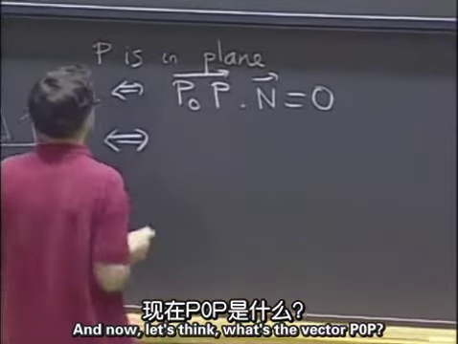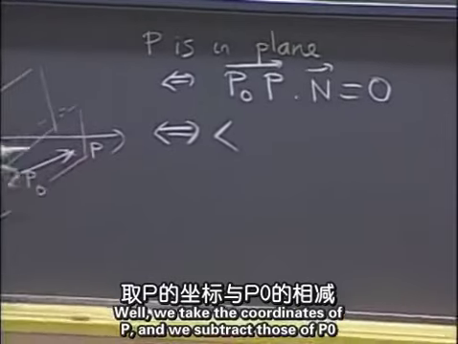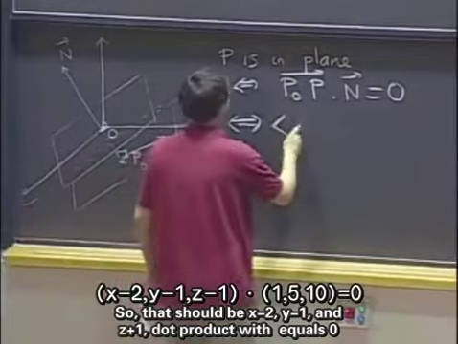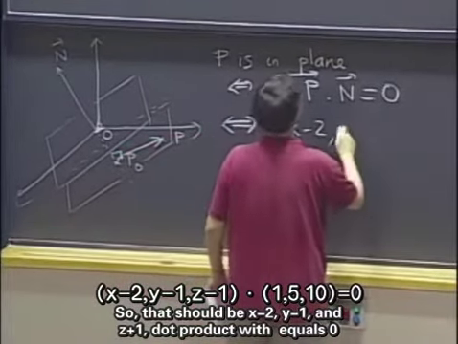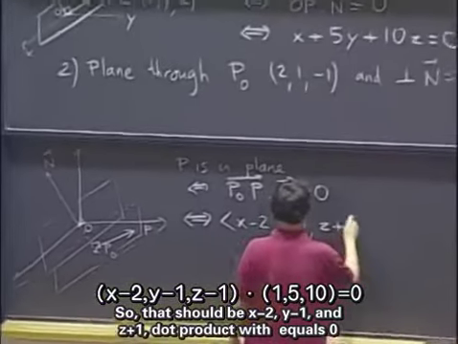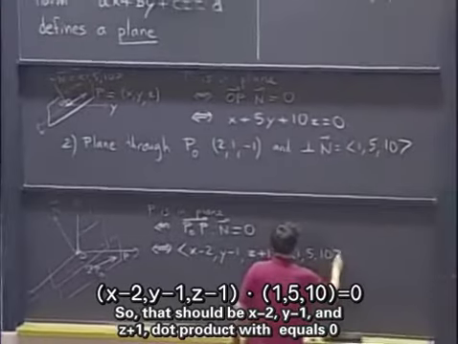And now let's think for a second, what's vector P0P? Well, we take the coordinates of P and we subtract those of P0. So that should be x minus 2, y minus 1, and z plus 1, dot product with 1, 5, 10 equals 0.